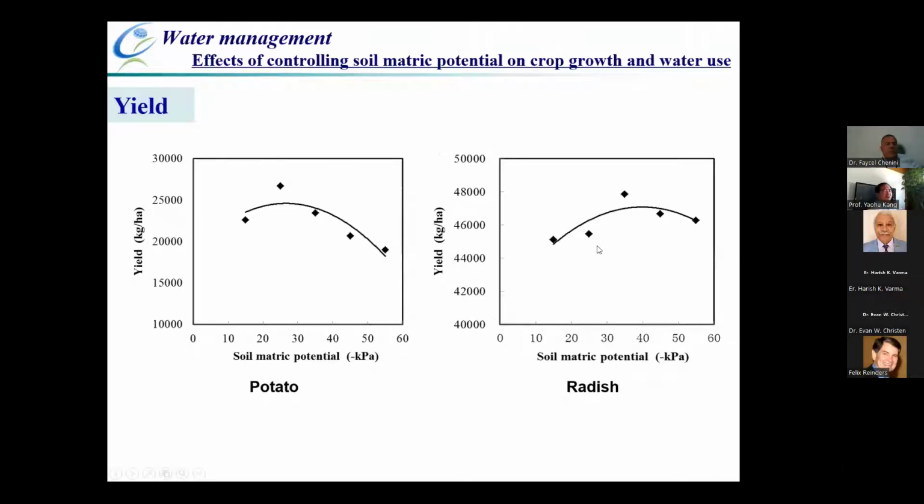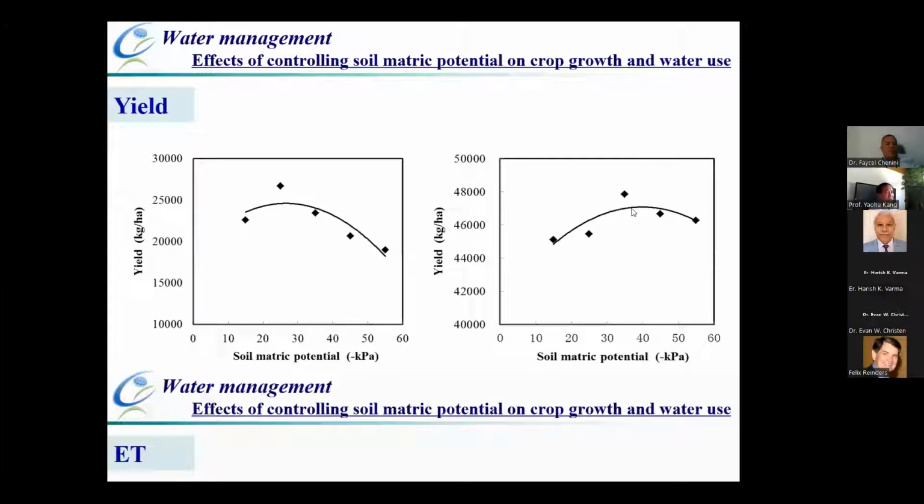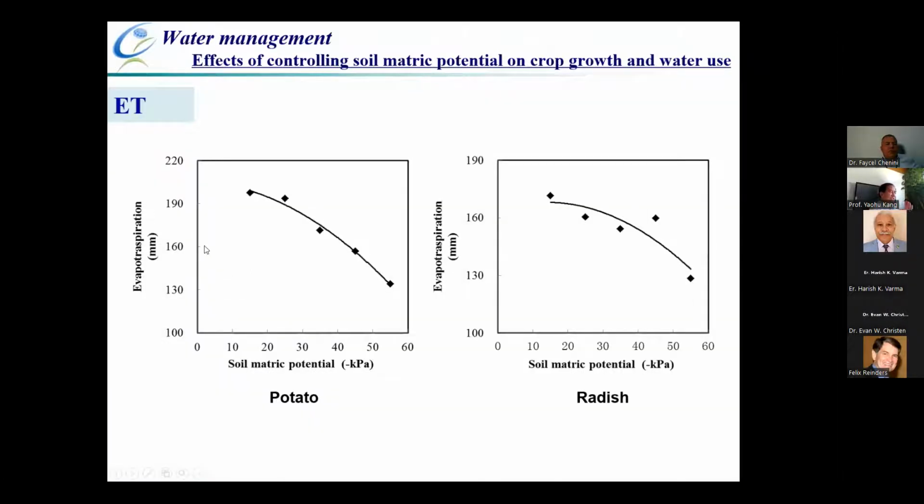And for the radish, the yield is highest at a soil matric potential of about minus 35 kilopascals. So this is evapotranspiration: for both potato and radish it is similar, decreasing as the soil matric potential decreases.